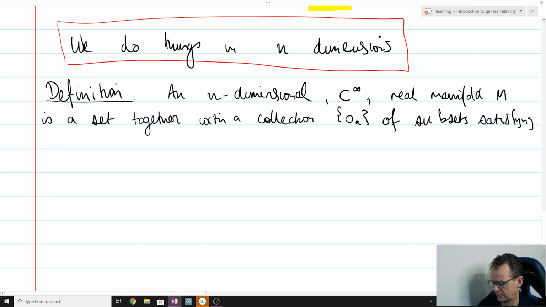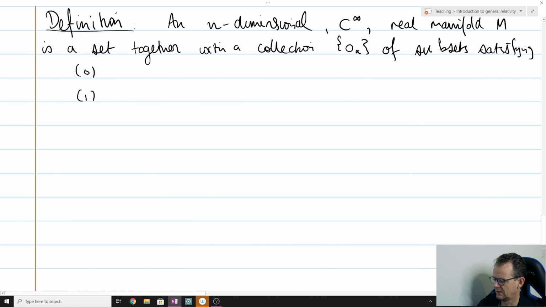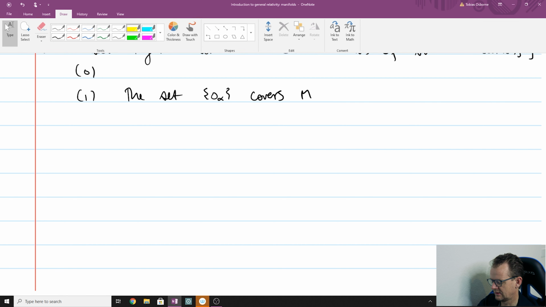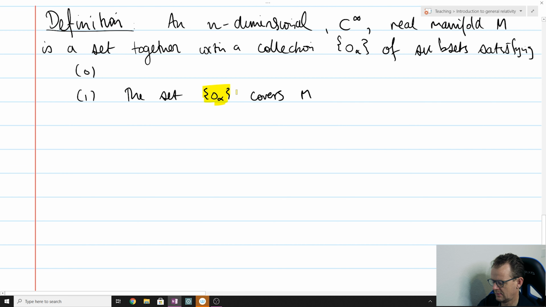a couple of requirements. There's a zeroth requirement that I'll come back to in a minute. 1, the sets O alpha cover M. So M is, there's all these subsets O alpha lying around, and M is covered by them. What does that mean?